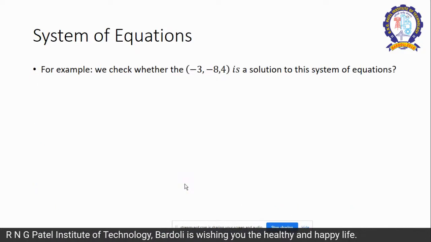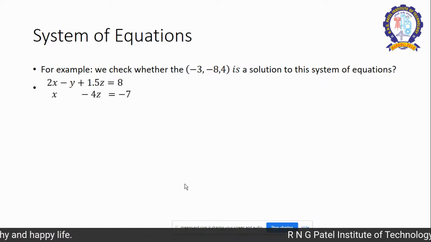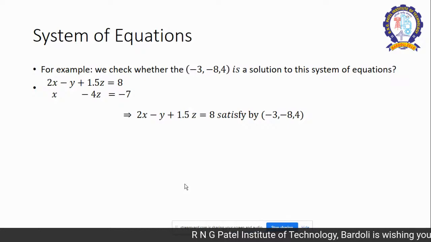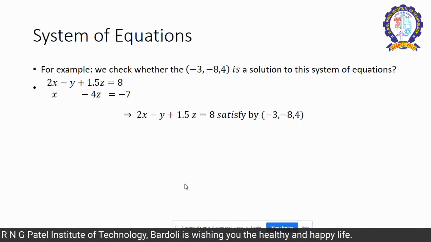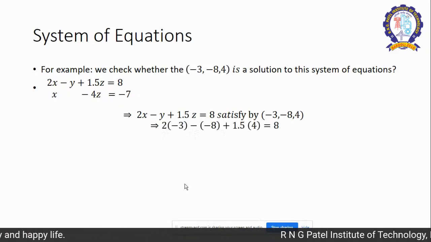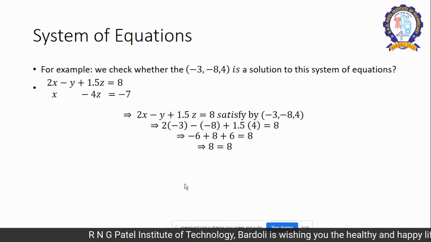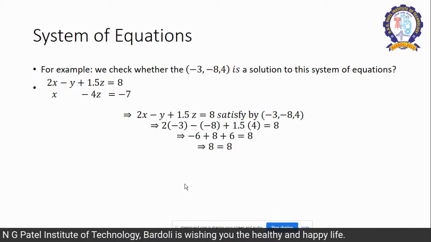Now we check whether minus 3, minus 8 and 4 is a solution of this system of equations or not. We take the first equation and substitute the values. It gives 8 equal to 8, which means this set of values satisfies the first equation.